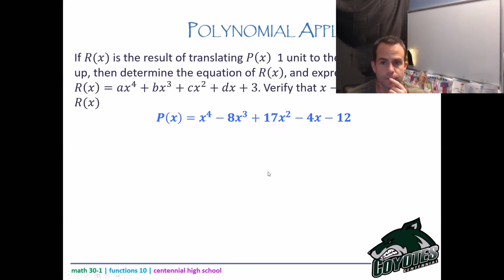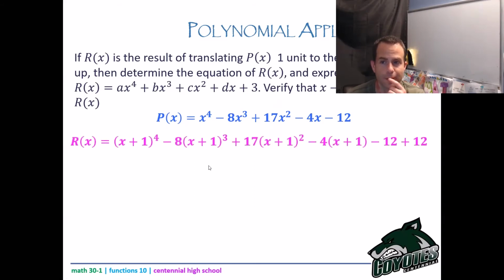Okay? So, there I go. Don't freak out. So, I replaced all my x's with x plus 1. That sends me 1 unit to the left. And then adding the 12 to the end brings me up 12. Okay, well, this is nice. I got negative 12 plus 12, so that's nothing. That's gone. Not a bad thing.